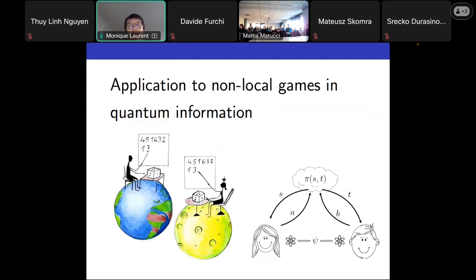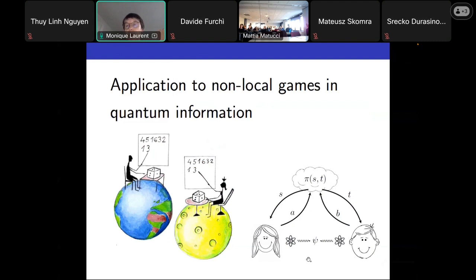They are living on two different planets, which is supposed to symbolize the fact that their subsystems are physically separated, and they are doing measurements on their part of the system, locally. Each of them is doing measurements, and then one wants to see what the output of the measurements is, and one will see a difference whether there is some entanglement taking place between the two players, Alice and Bob, or not.